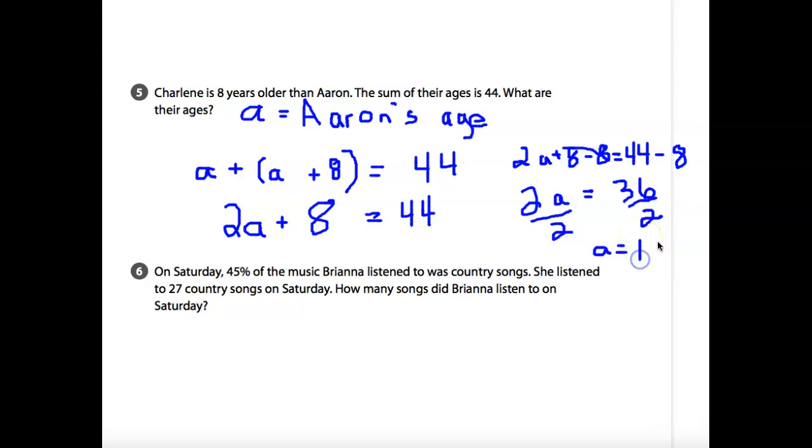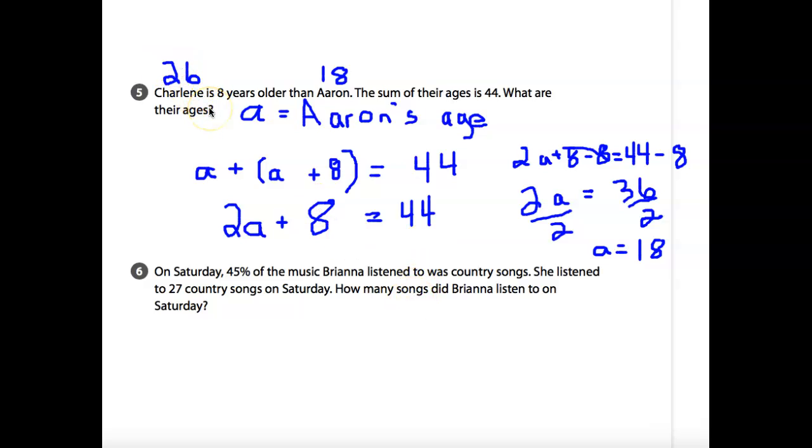So Aaron is 18, and Charlene is 8 years older than Aaron, so Charlene is 26. So Charlene is 26 and Aaron is 18. 18 plus 8 is 26, or 26 plus 18, the sum of their ages is 44.